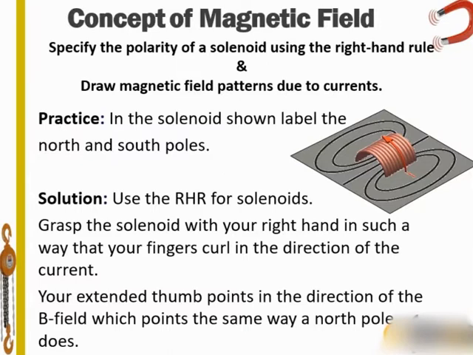If you look at the diagram on the right-hand side of this page, you can see that we have a solenoid, and in that solenoid we've labeled the north and the south pole.